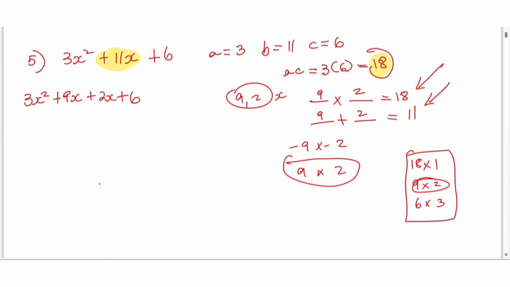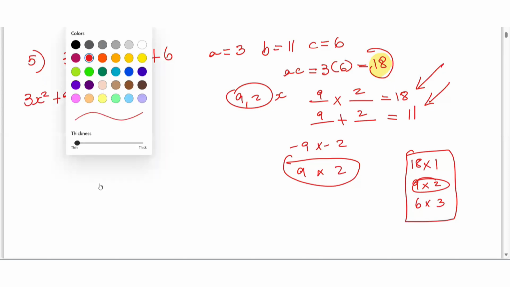Basically, what we're doing with this method is finding two terms that will turn the three terms into 4. So we started off with 3, but when we interject our 2 terms here, we end up with 4 terms, which means that we're going to factorize now by grouping. So let us group our terms.